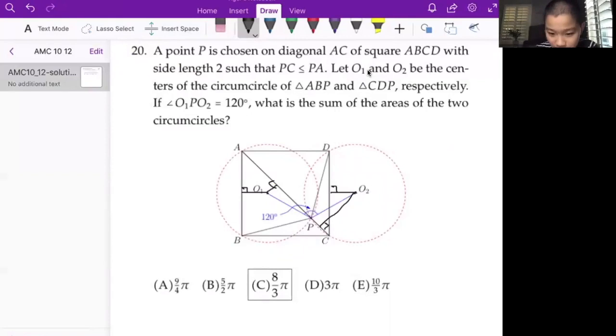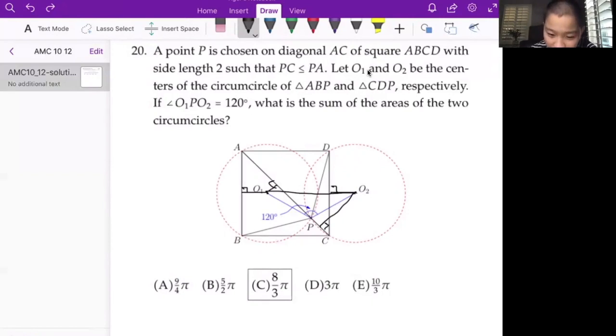And it's going to be useful to connect those two because this is a square and you can do that because everything's parallel and stuff. So it would be nice if you can know the dimensions of the triangle O1PO2.